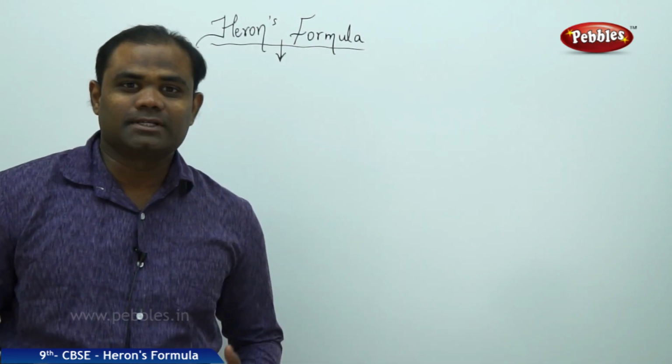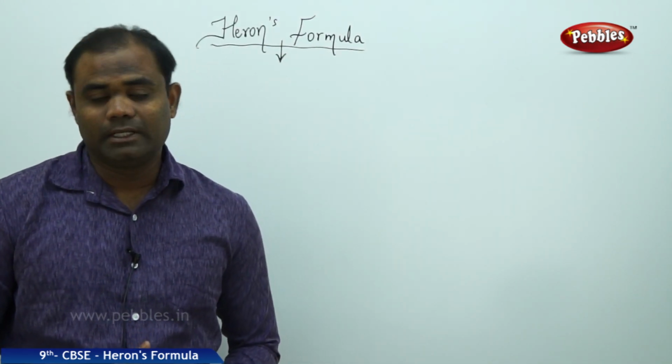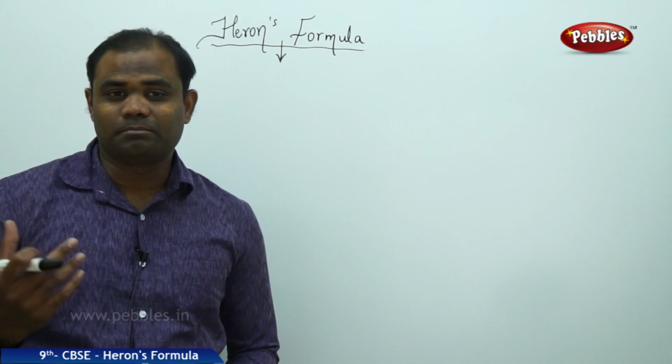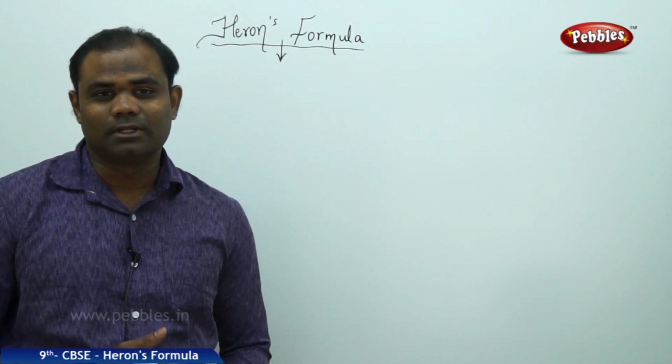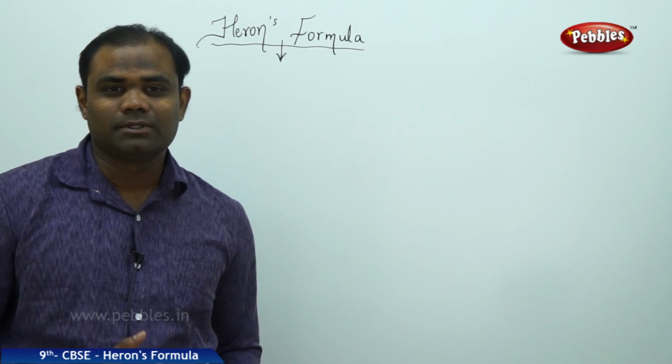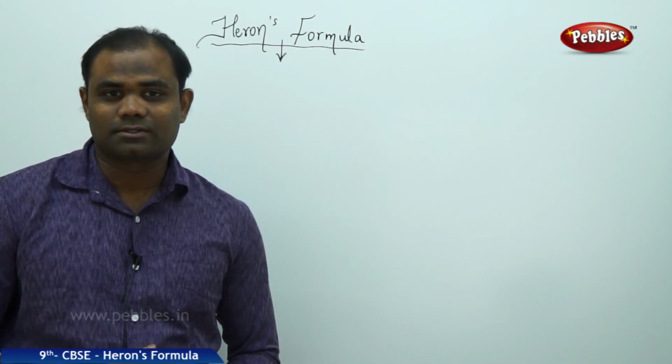Now that we have discussed HERON'S formula, let's try to apply it to a problem to find the area of the triangle. This session is about applications of HERON'S formula.